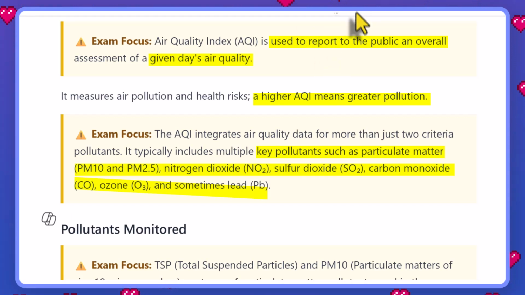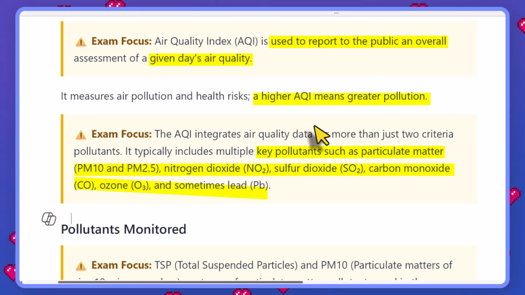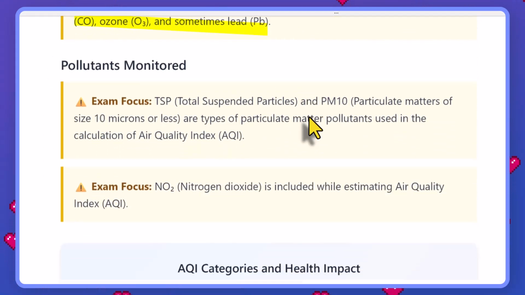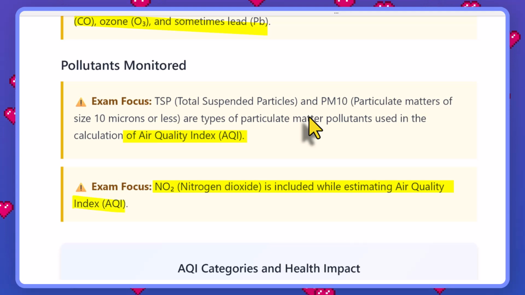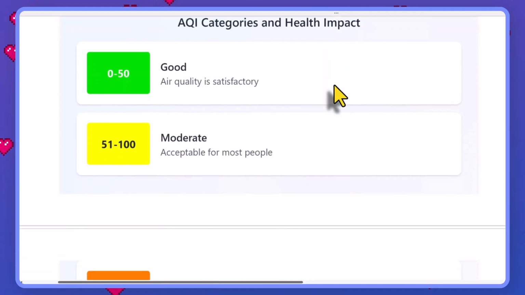In this context, it is important to remember that total suspended particles and PM10 are types of particulate matter pollutants used in AQI calculations, and nitrogen dioxide is also included while estimating the air quality index, both of which have been directly asked in exams.